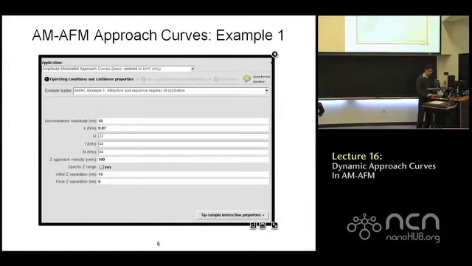Okay, so if you'll go to the amplitude modulation approach curves basic tool from the drop-down menu, we'll get to the input page for the operating conditions and the cantilever, which looks very similar to the sweep tool.